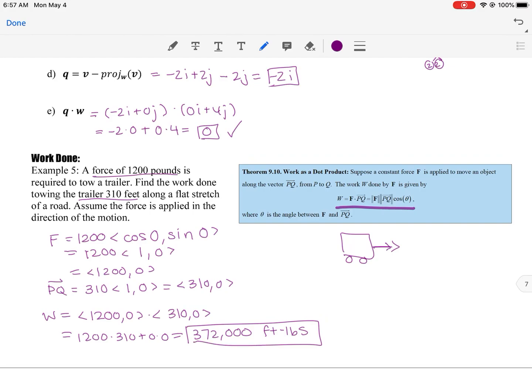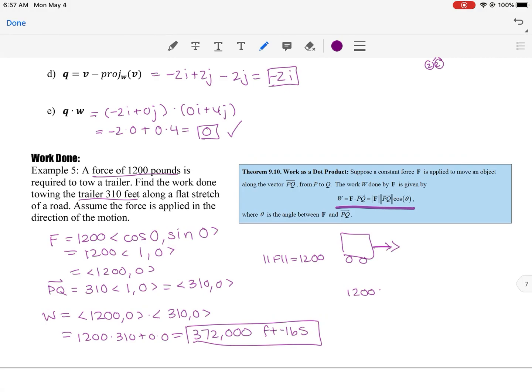If you wanted to double check that, you could use the other part of the formula. The magnitude of that force vector would be 1,200, because 1,200 squared plus 0 squared, square rooted, gives you 1,200.